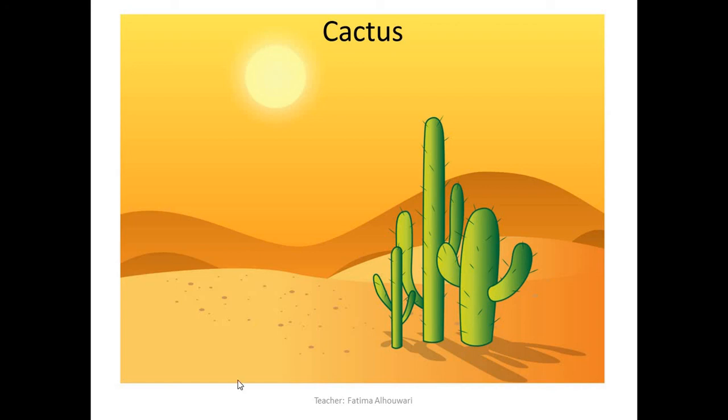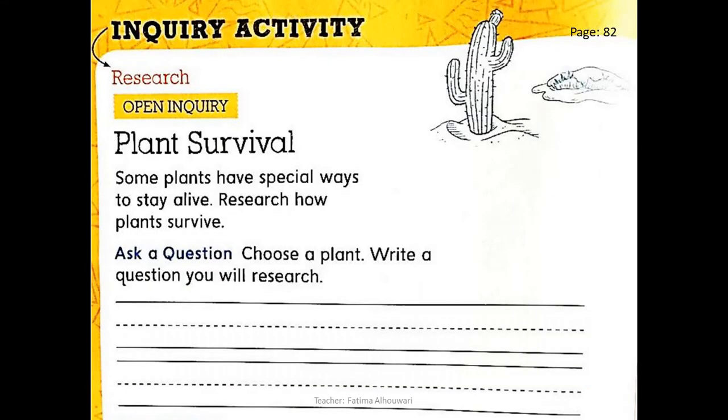This plant is called a cactus. It can grow in the desert where there is a very little amount of water. How do you think these plants can grow and live in the desert? Let's see how, grade 1. Please, grade 1, open your book, page number 82.